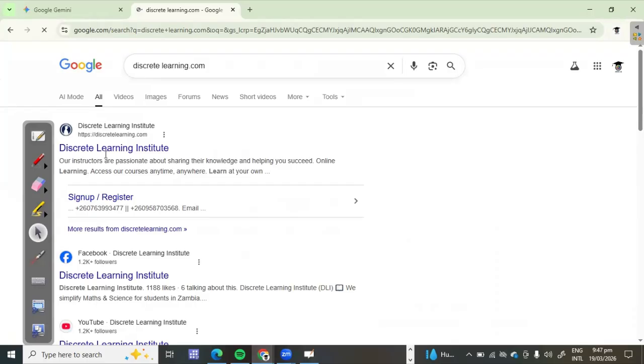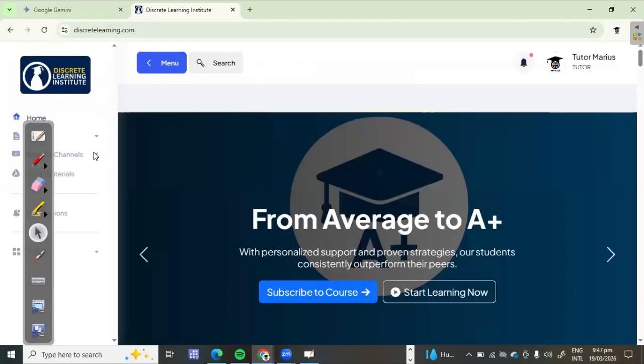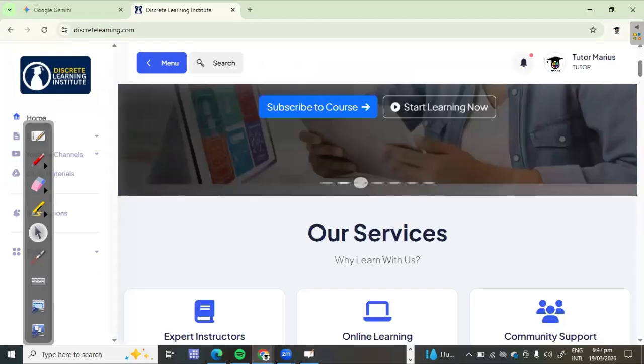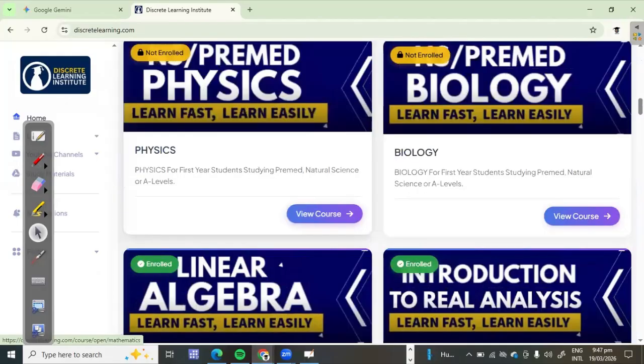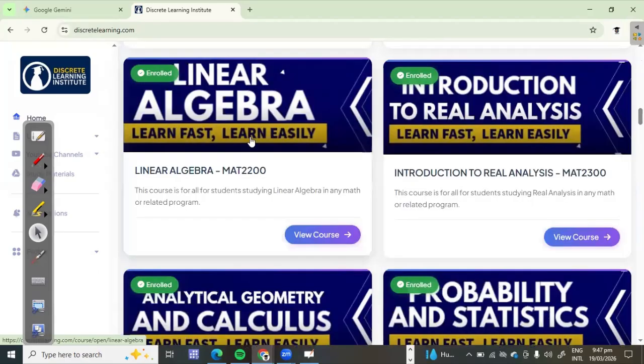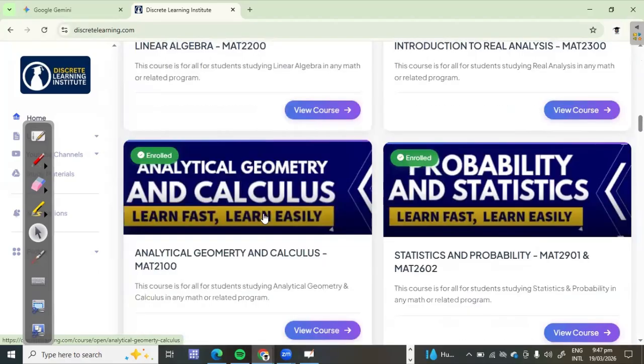Then when you register, you just visit there. If you are signed up and enrolled into a specific course, for this course, it is analytical geometry and calculus, you just go there.